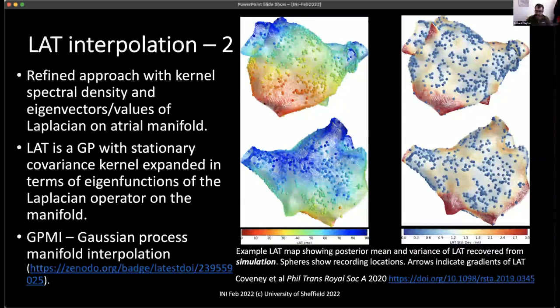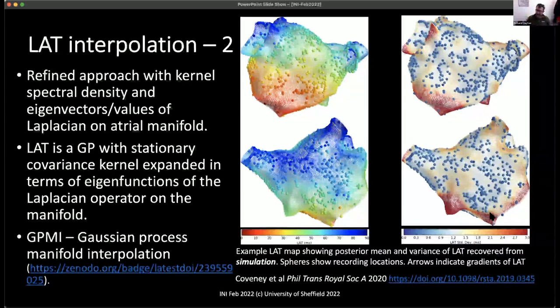The advantage is we can pre-compute all of those, and then we can interpolate our local activation times very quickly. So again, we've got some front and back views of the left atrium here with the mean local activation time and the standard deviation here rather than the variance.